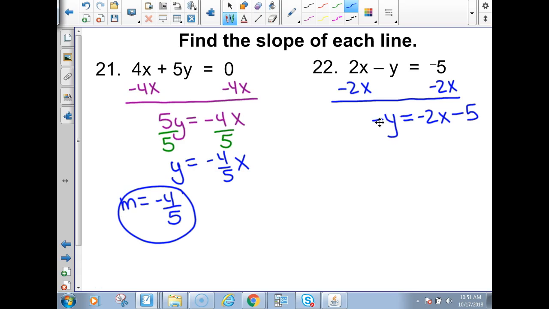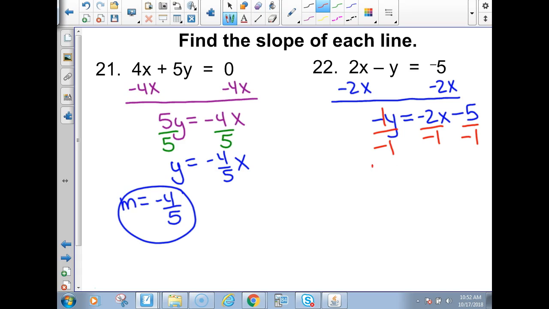Now I got to get rid of that negative y. I mean, I can't have a negative. So I'm going to have to divide by what? Not y, but this is like -1, so I could divide everything by -1, okay? And you have to do it to each piece, all of it.